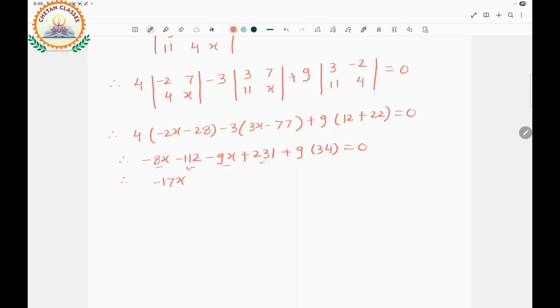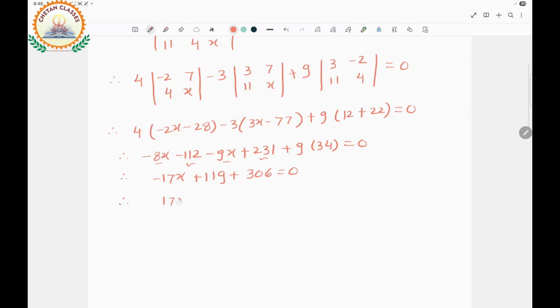Here minus 112 plus 231, that is plus 119, and this 9 into 34, that is 306, is equal to 0. Minus 17x, take RHS, so we get 17x is equal to 425. Therefore x is equal to 425 divided by 17. Divide that, so the answer is 25. So x is equal to 25.